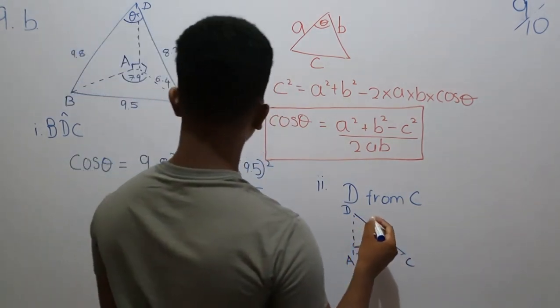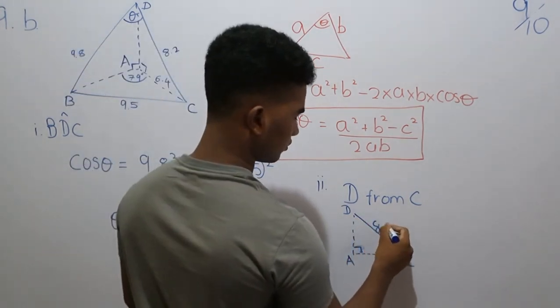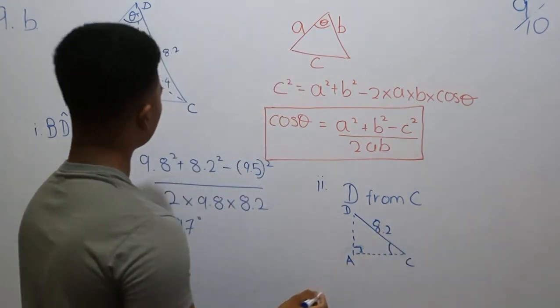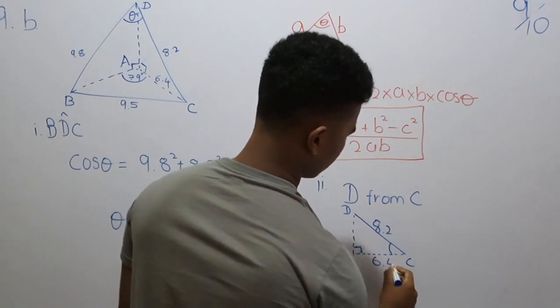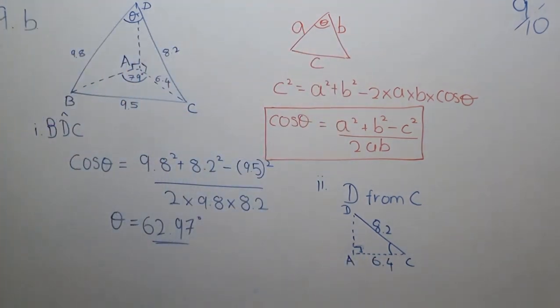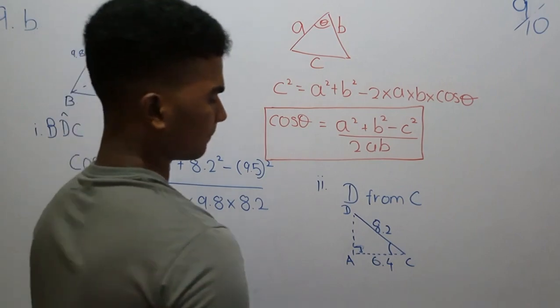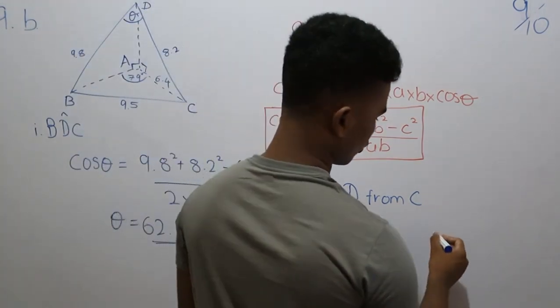Now this length we know as 8.2 and this length we know as 6.4. It is given in the question, 6.4. So we can use SOHCAHTOA. We should use cos.